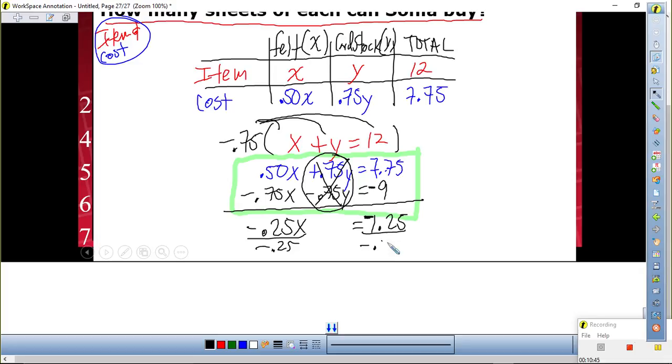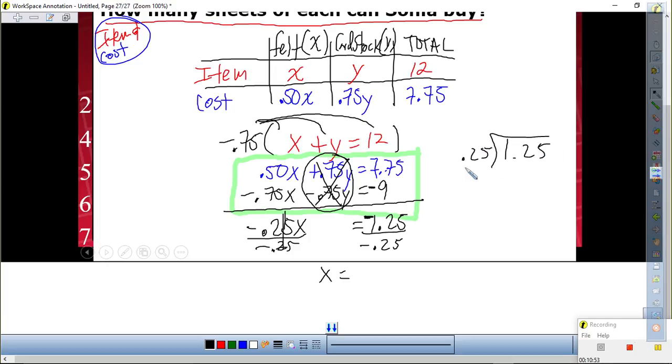Divide by negative 0.25. x equals, let's see, 1.25 divided by 0.25. Get rid of the decimals. Move the decimal two places, 125 divided by 25. No more decimals. So 25 fits in here how many times? 5. And the x corresponds to what? Felt. So I want you to write there, felt.